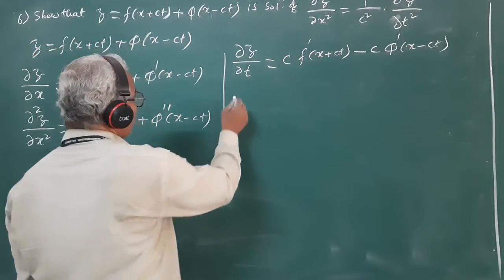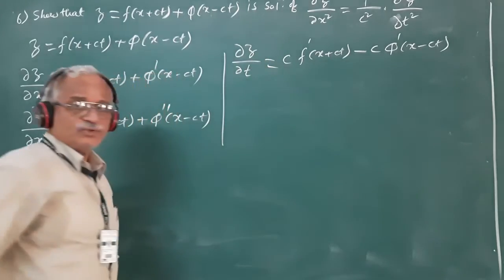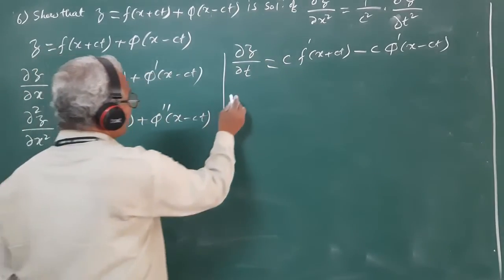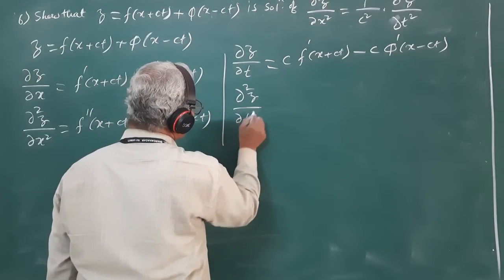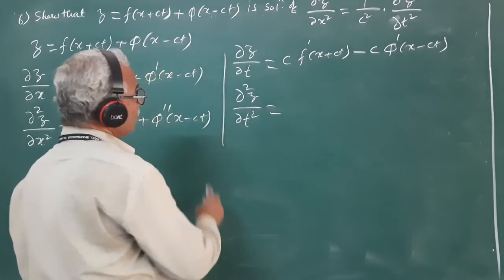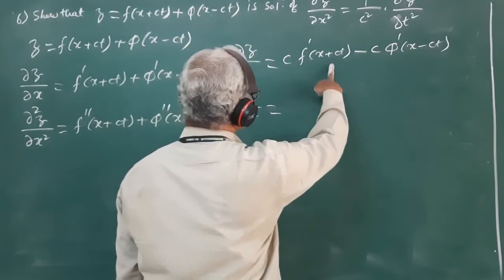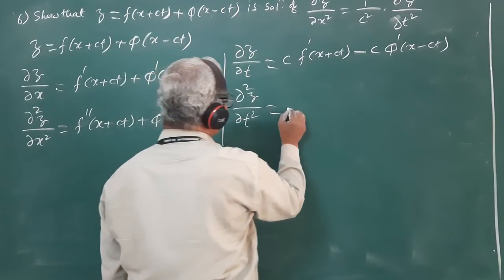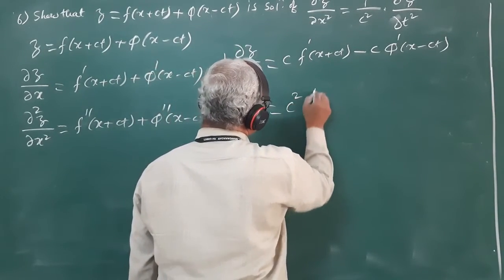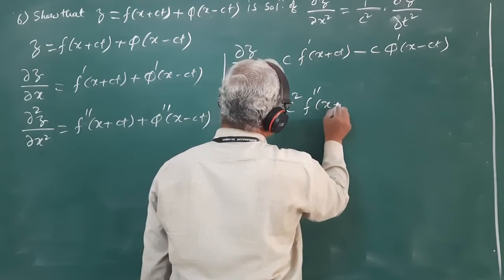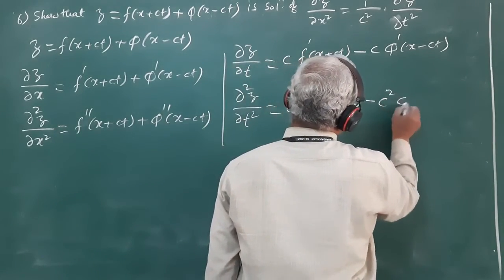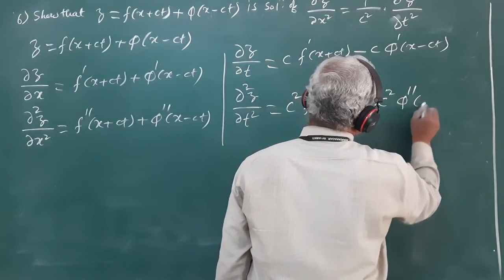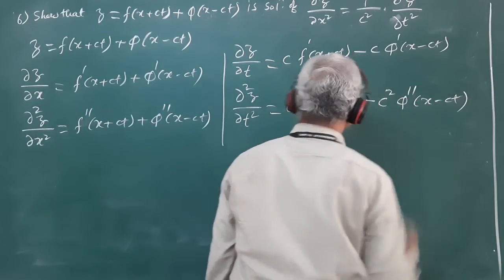And again differentiating dou z by dou t with respect to t partially, we get dou 2z by dou t2 to be equal to c square f double dash x plus ct minus c square phi double dash x minus ct.